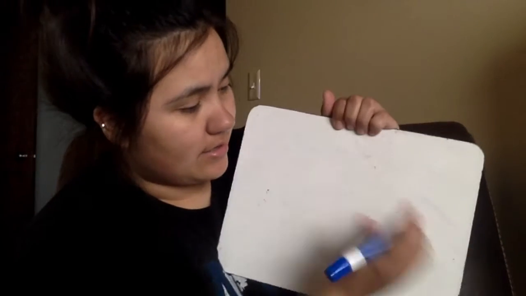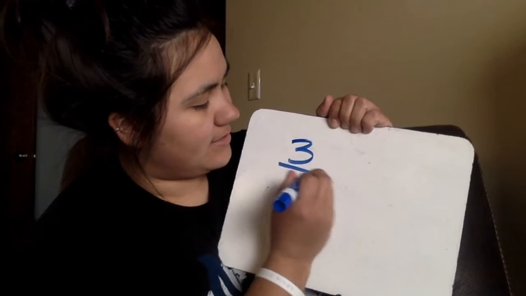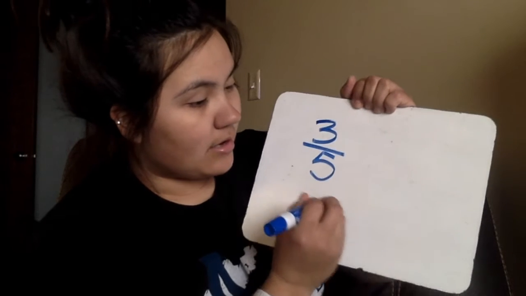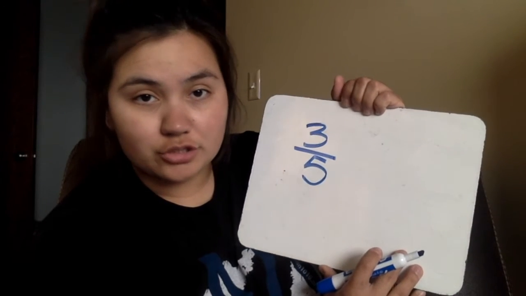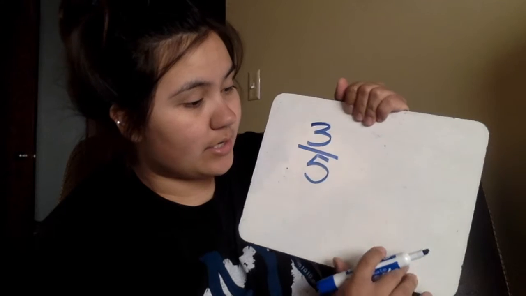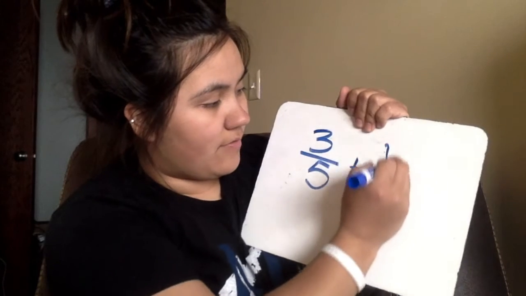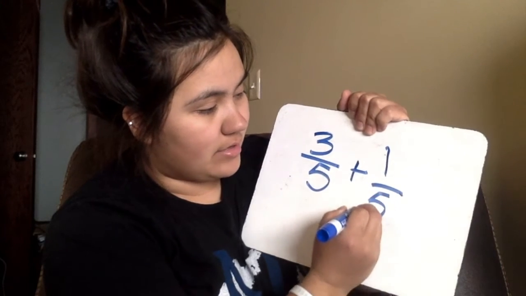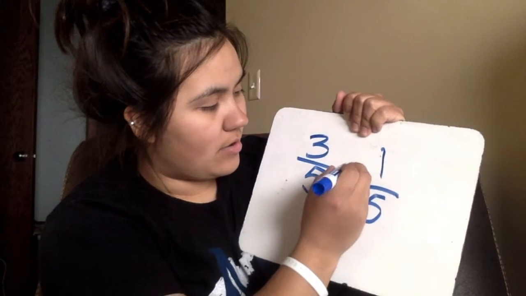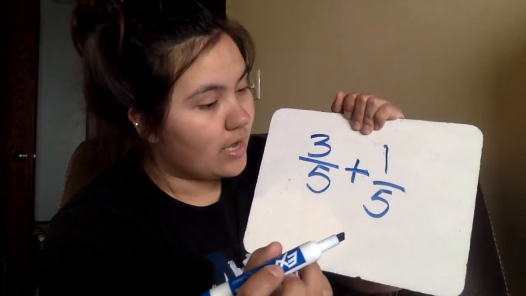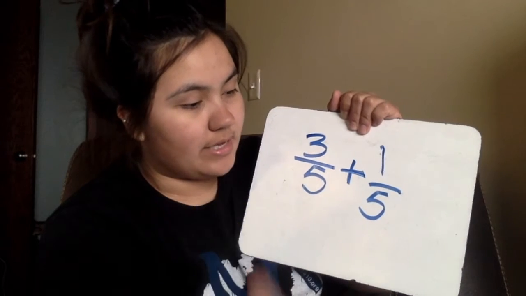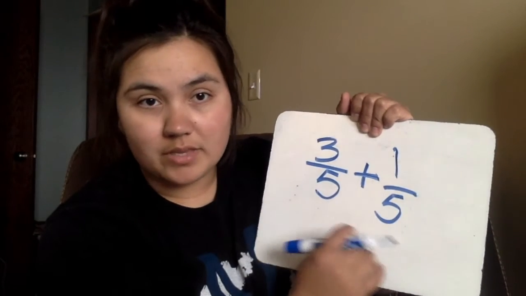So we know that there was 3/5 of a pound of cashews, and then there was 1/5 of a pound of pecans. Okay, we're adding them because they want to know what is the total weight of both of the nuts.